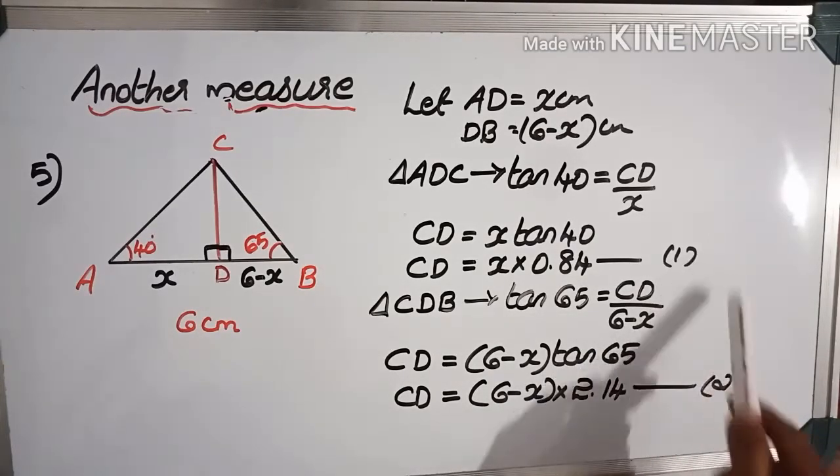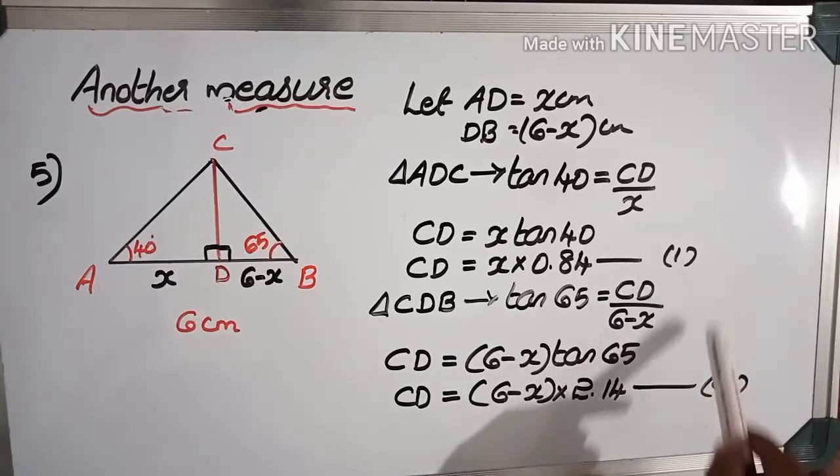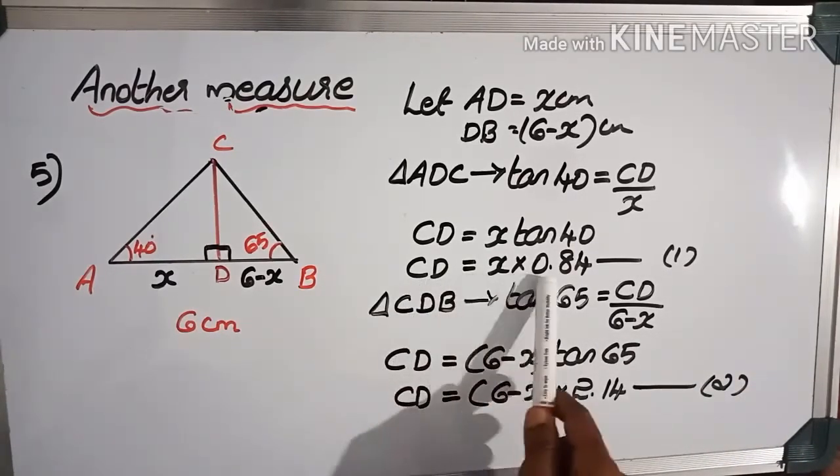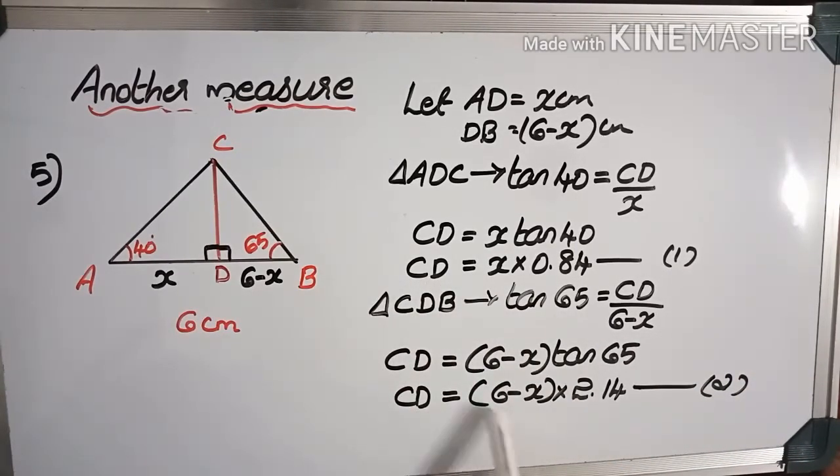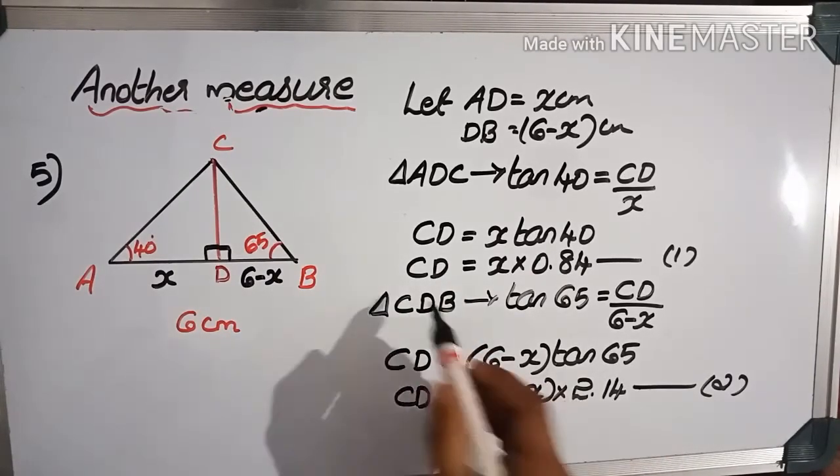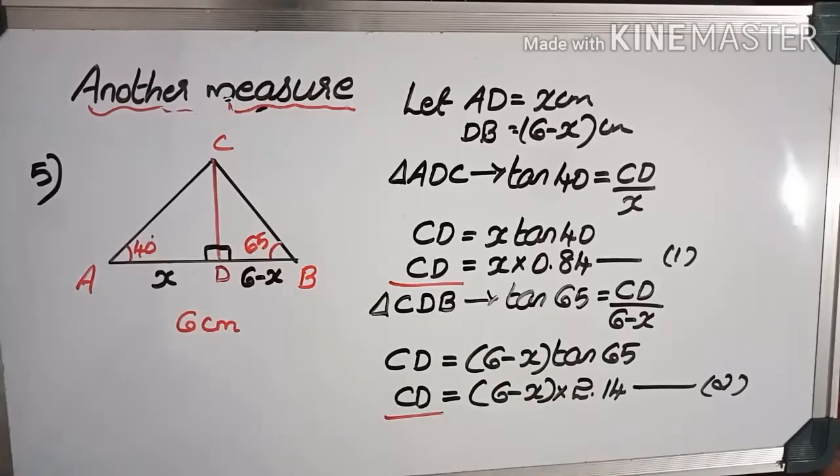Now compare these two equations. Can you see any similarity? CD equal to, that means left side is the same. For these two triangles, this CD portion is same, so the right sides will also be equal. First equation equal to second equation.